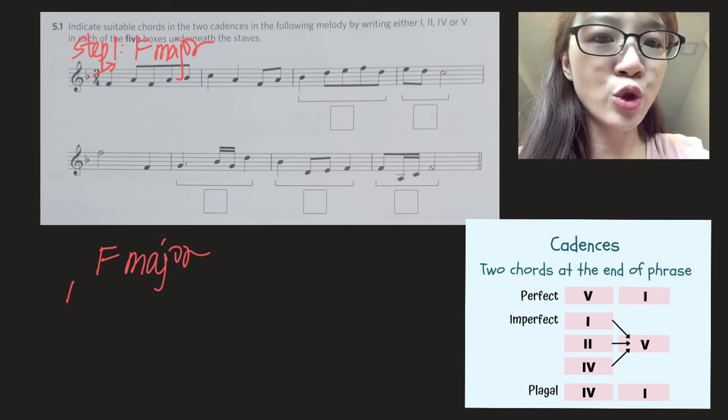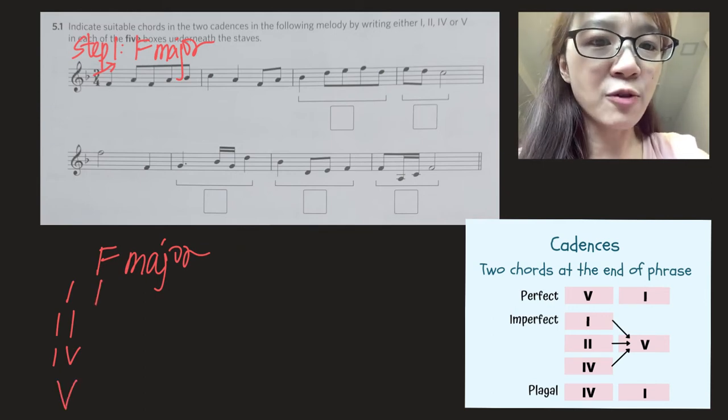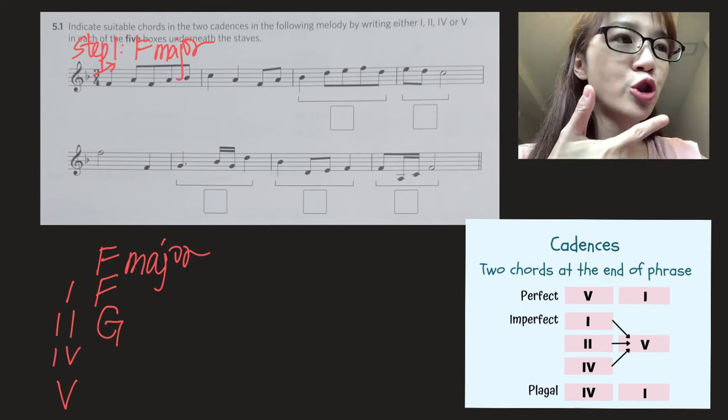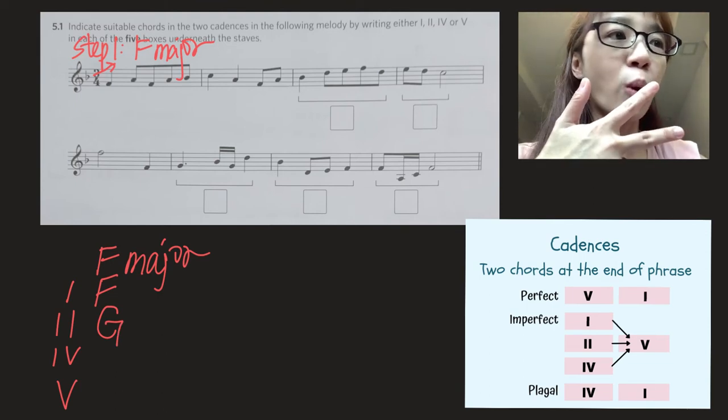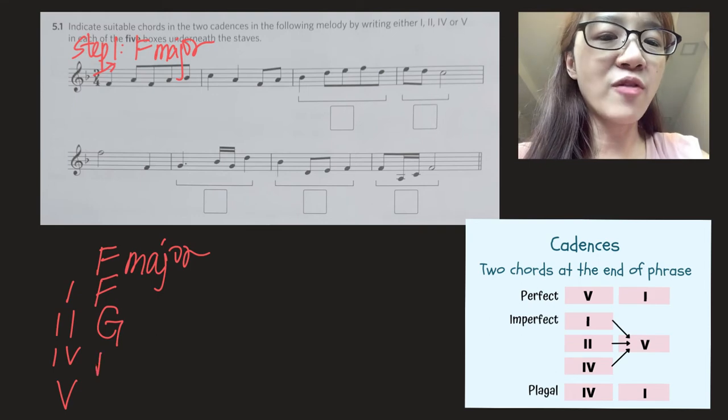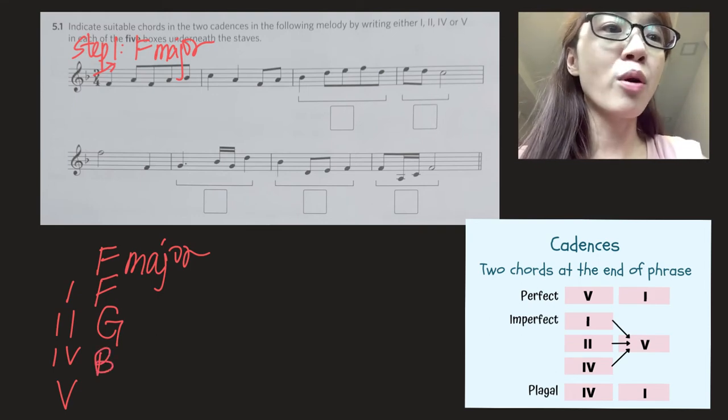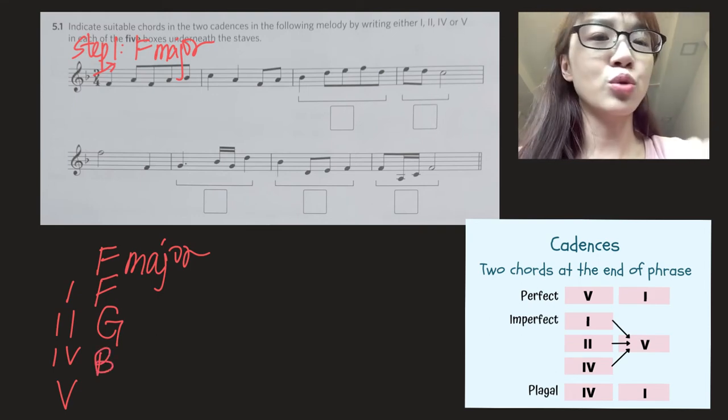1, 2, 4, 5. First name the notes: the first note F, second note G, the third note A, B, yes, we have a B flat, but it's not very important for this chord, you need to have the flat or not, don't worry about that.